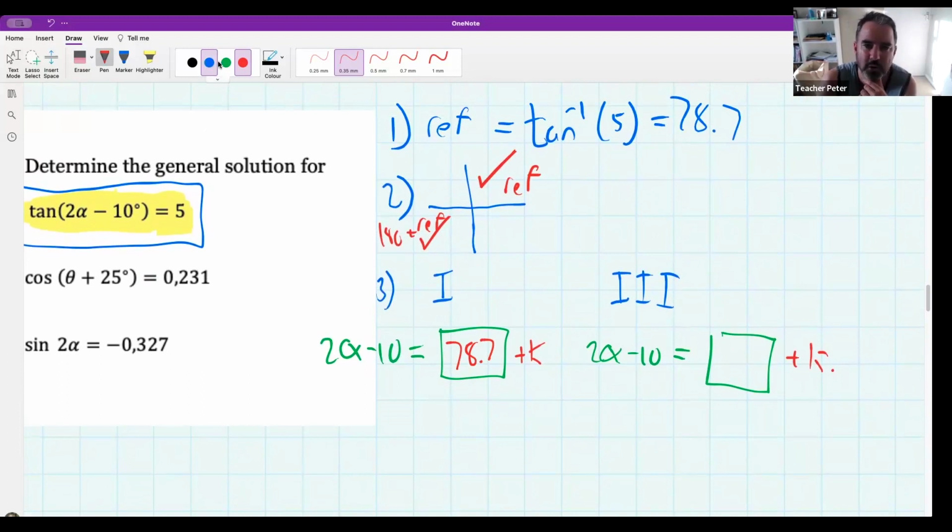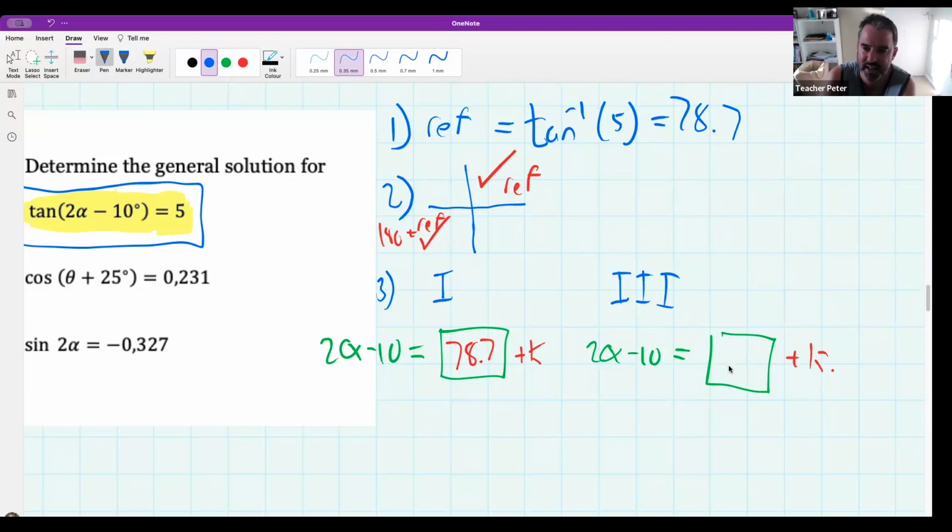Now, what would be in this box over here? Let's say in the blue one here for quadrant 3. What would be in that box? So remember, in quadrant 3, this thing is going to be 180 plus the reference angle, because it's this one over here.